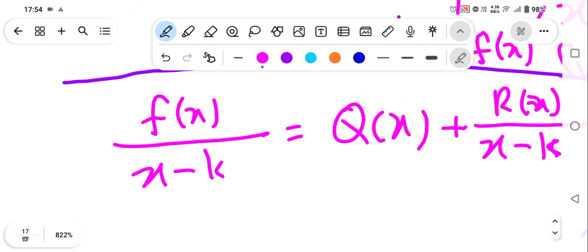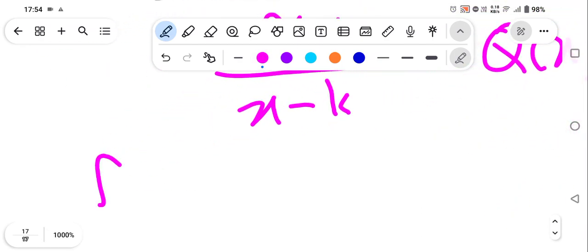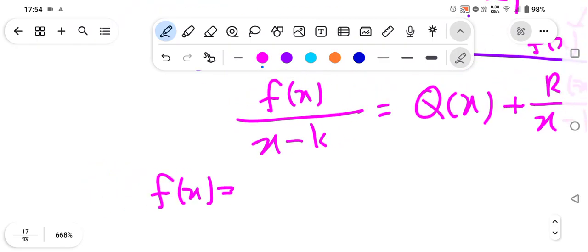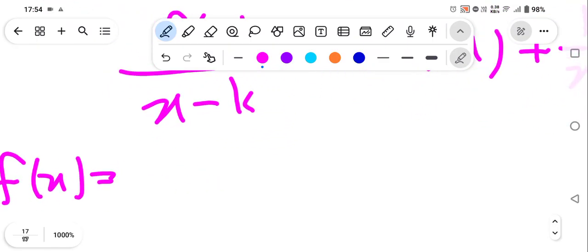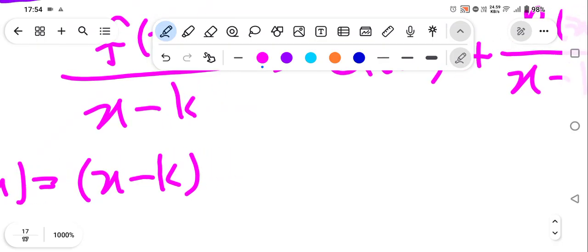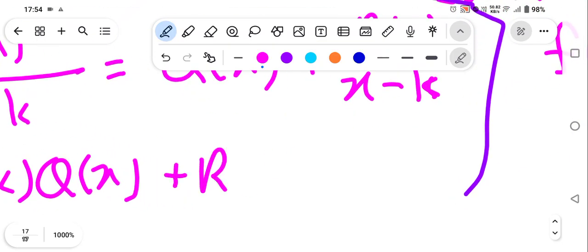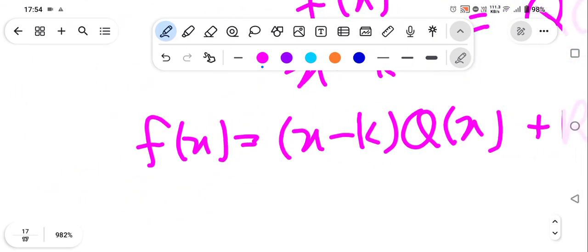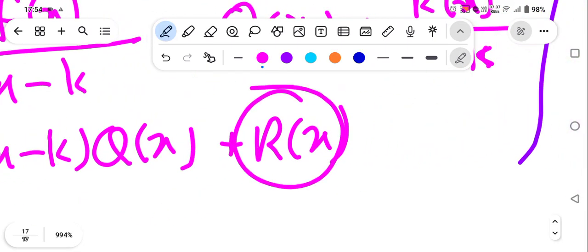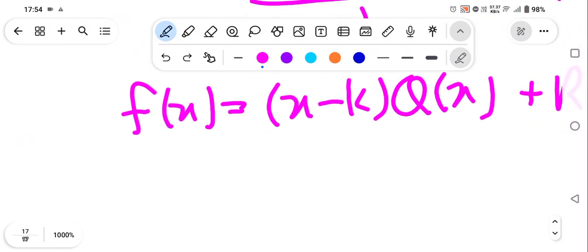We just multiply both sides by x minus k, so we have f(x) equals (x minus k)q(x) plus r(x). If you want to get the remainder, we sub x equals k.